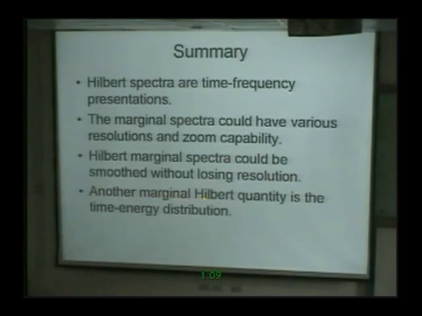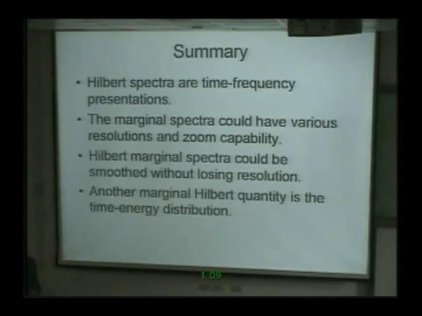Another marginal Hilbert spectrum quantity is the time-energy distribution. You have the time-energy distribution, and then you can compare with the Fourier. But that time-frequency-energy distribution, if you think in terms of density, then because of the zoom and because of the various resolution, it adds two dimensions for you to play with the factors.